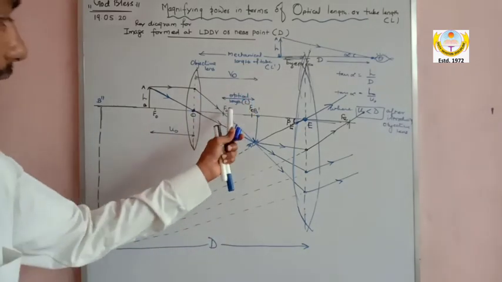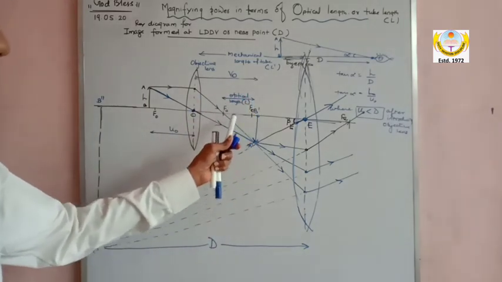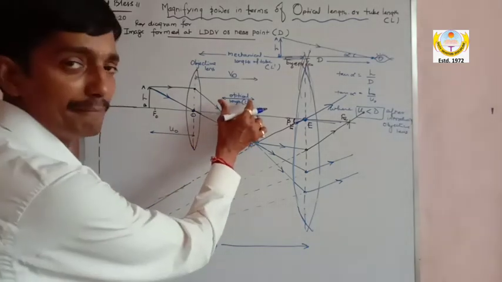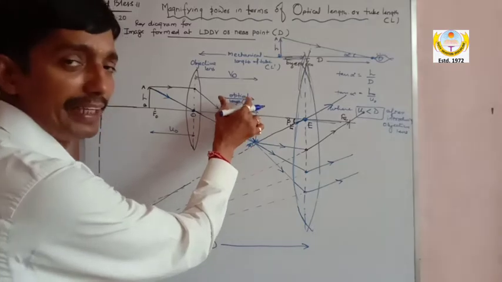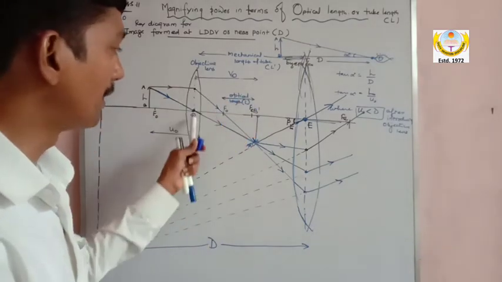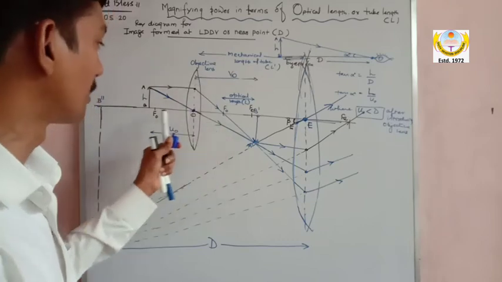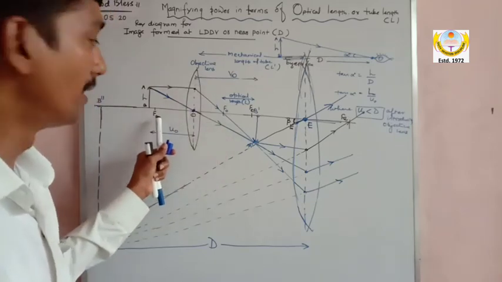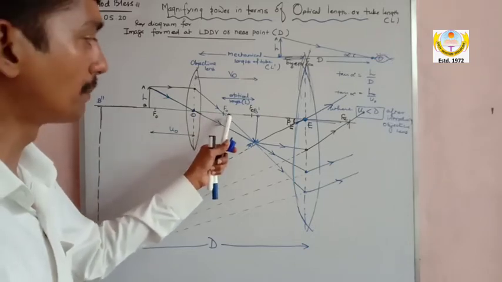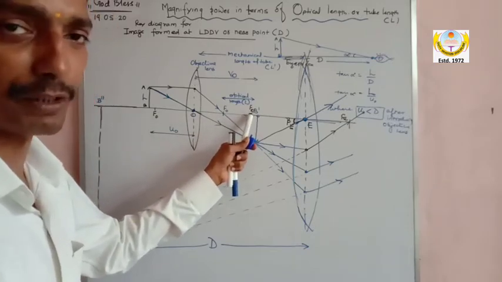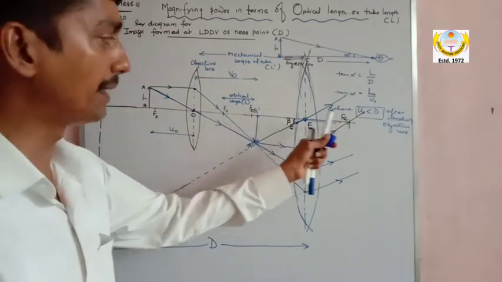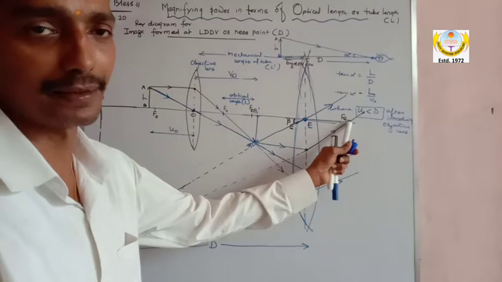So what is optical length from my diagram? Sir, optical length is nothing but the distance between the second principal focus of the objective lens. Second principal focus, because this is the first principal focus. So this is the first principal focus of the objective, this is the second principal focus of the objective, this is the first principal focus of the eyepiece, and this is the second principal focus of the eyepiece.